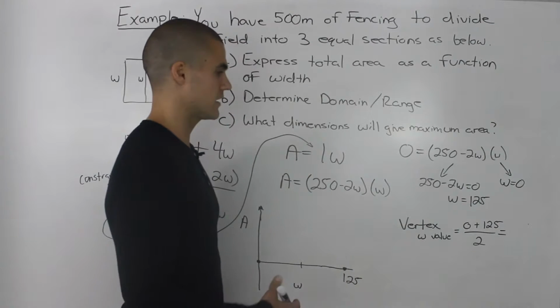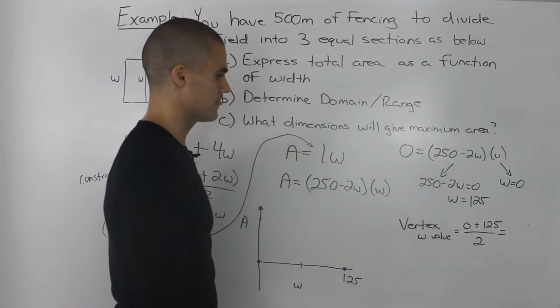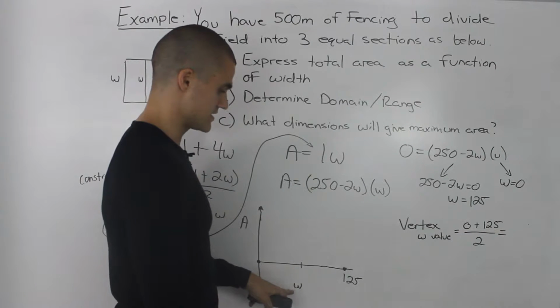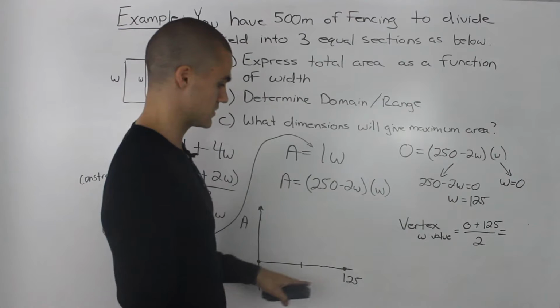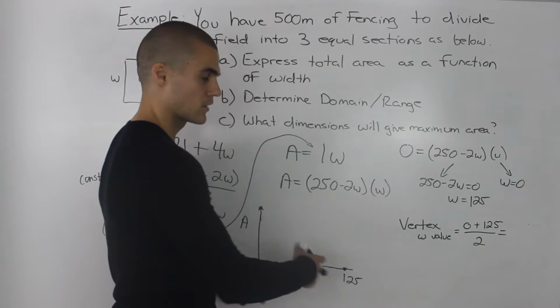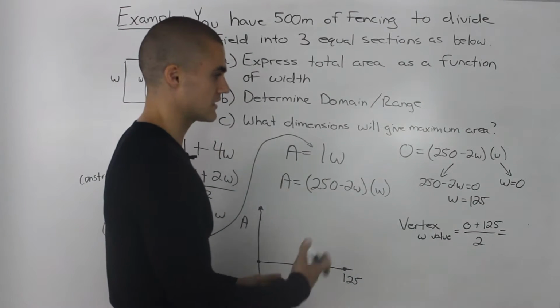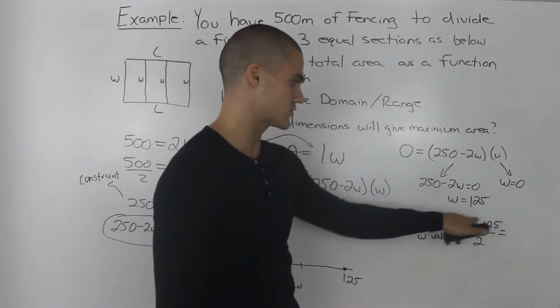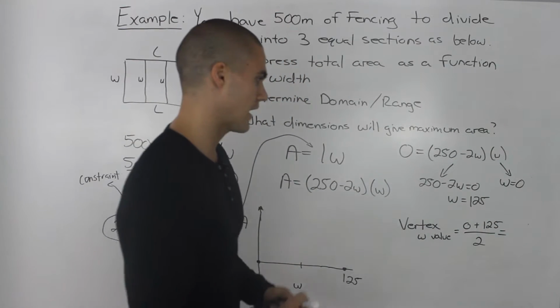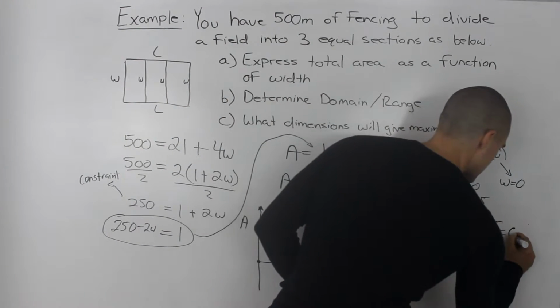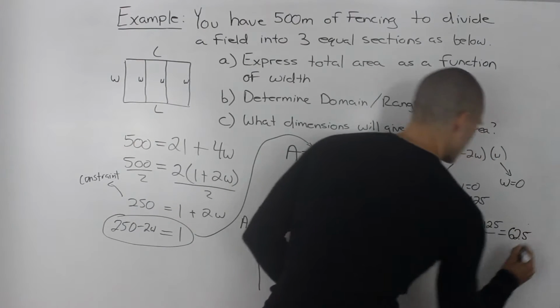Now the next step in graphing a factored parabola is finding the coordinates of the vertex. So to first find the W value of the vertex, we would find the midpoint of the intercepts. We take the intercepts, add them, the 0 and 125 divided by 2, and we would get a W value of 62.5.